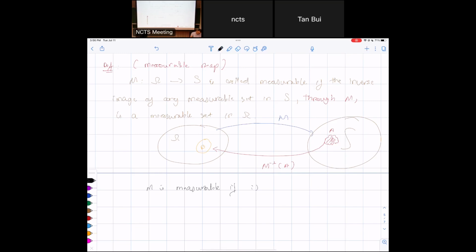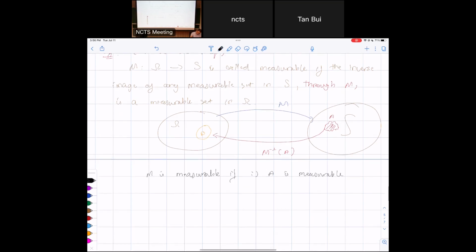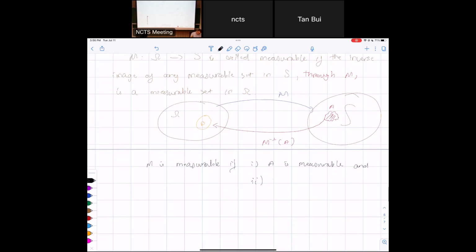First, if A is measurable in S, and B, which is the inverse image of A, is measurable.